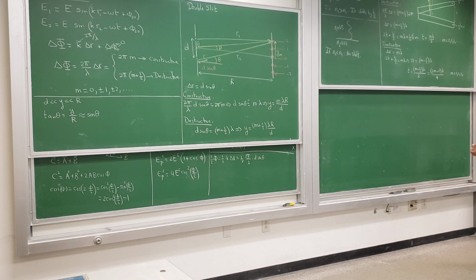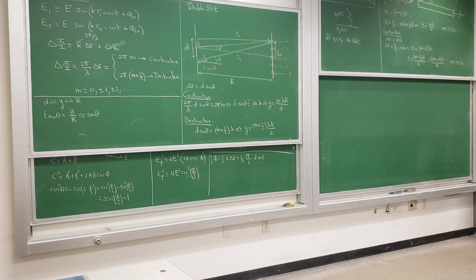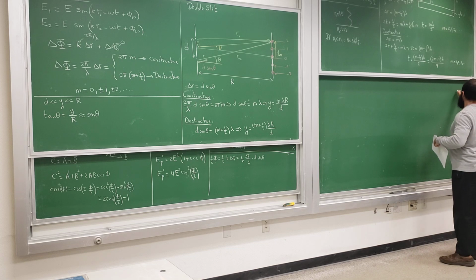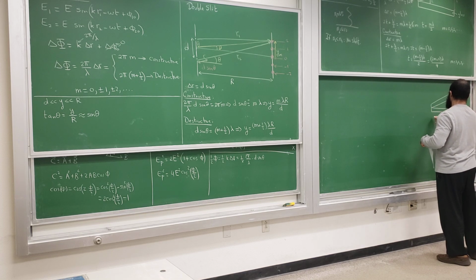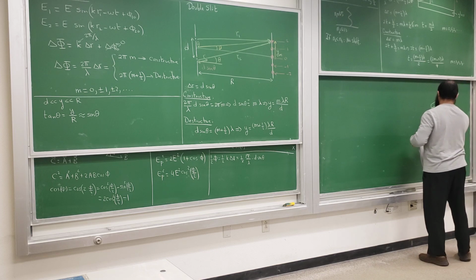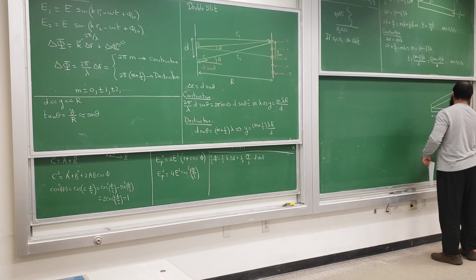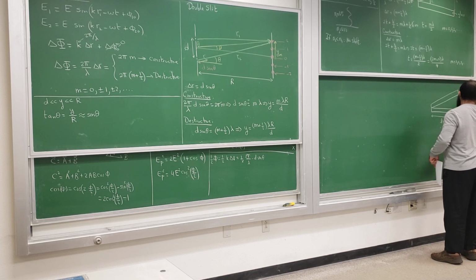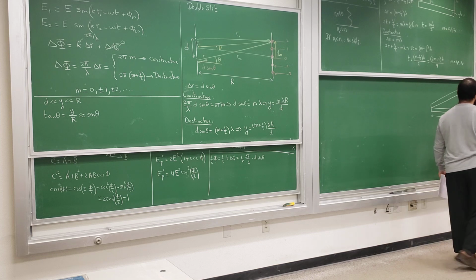Let's give an example here. This one straight out of the book. Suppose this has a length L, and let's say L is 10 centimeters, and let's say here H is 0.02 millimeters.